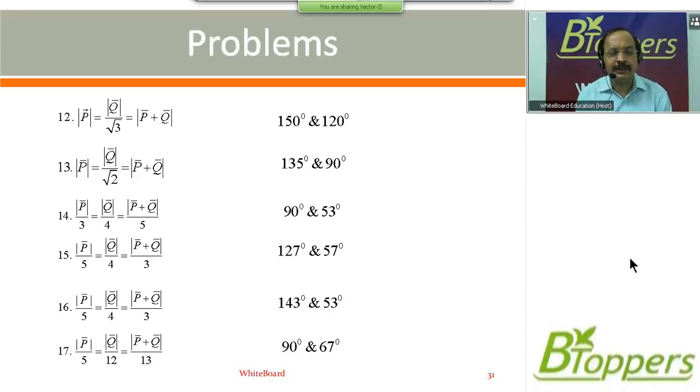These three questions also can be done by either of the two methods I discussed, either by applying the triangle law of vector addition or alternately by using the results based on the parallelogram law of vector addition. Because in questions 14, 15 and 16, you can observe that the vectors p bar, q bar and the resultant of the two vectors can be represented along the sides of a right angle triangle.